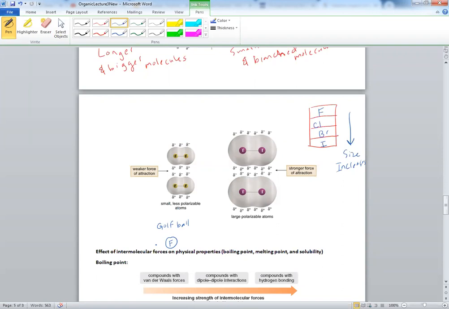Imagine that those electrons are so close to the nucleus, making it a more compact ball, right? So the electrons are not polarizable, this electron cloud cannot move or be distorted.